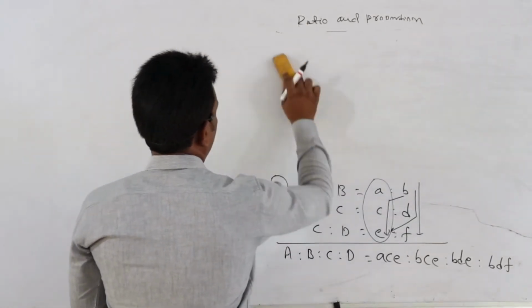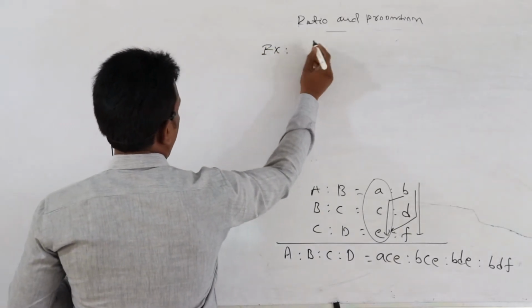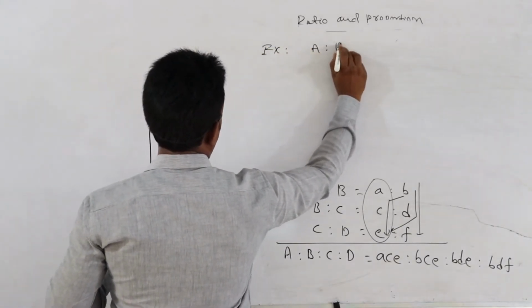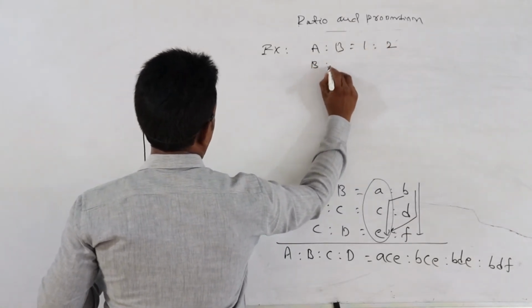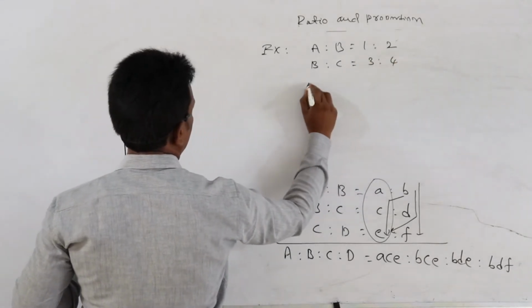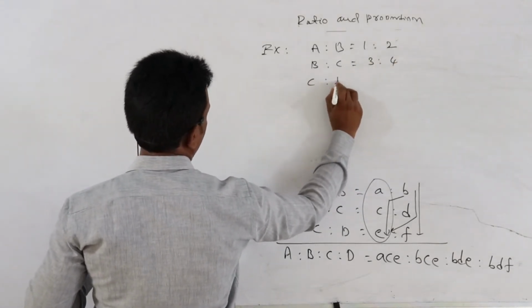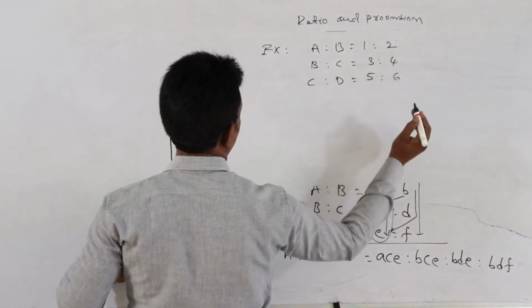Suppose the three ratios are: first one A is to B is equal to 1 is to 2, second ratio B is to C equal to 3 is to 4, and third ratio C is to D is equal to 5 is to 6.